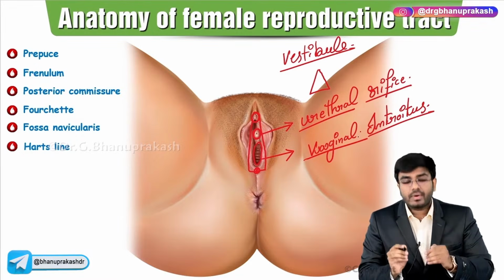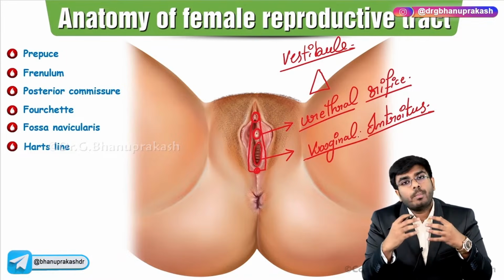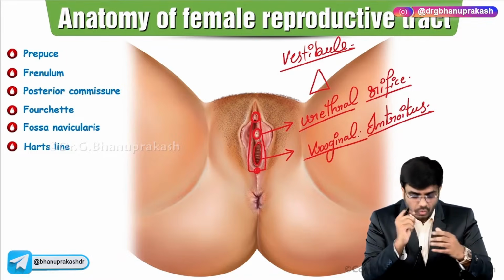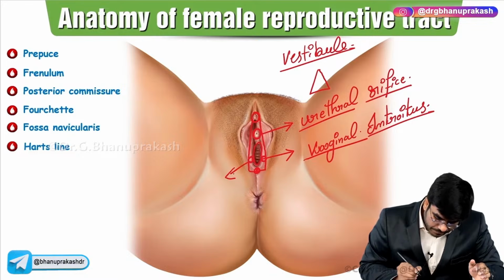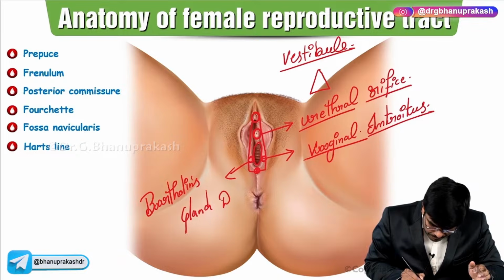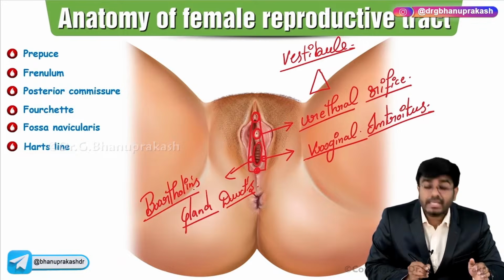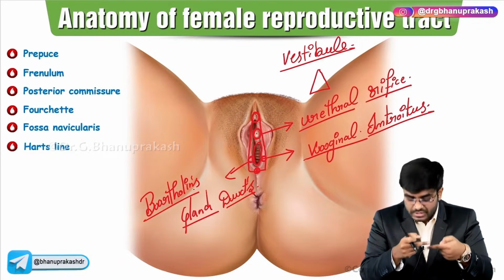Now, apart from the urethral opening and vaginal opening, there are certain ducts which open into this triangular area. So what are those ducts? Guys, please know for now, there are the ducts of Bartholin's glands, also known as the greater vestibular glands. So two ducts also open into the vestibular space.